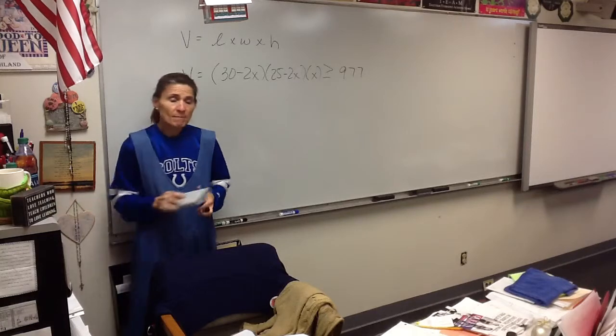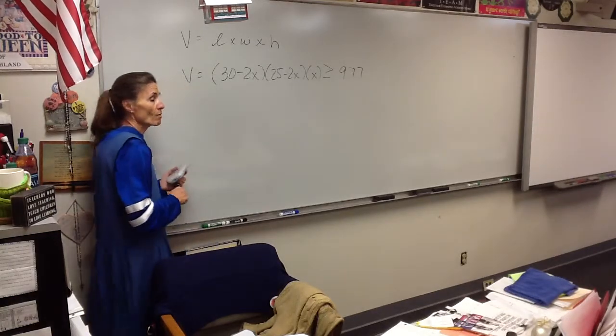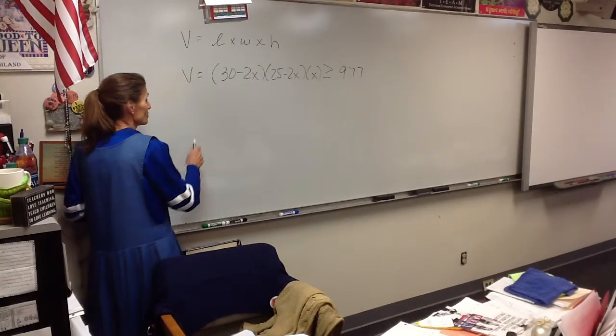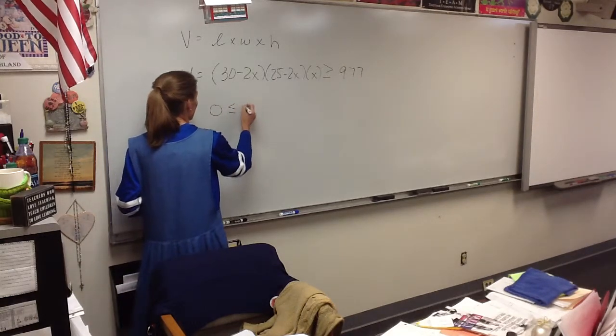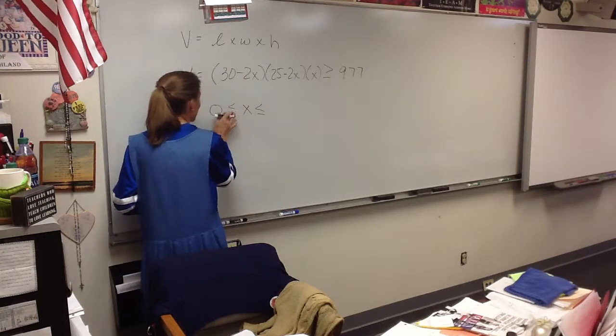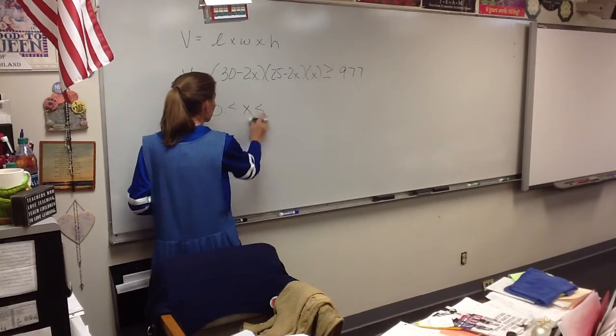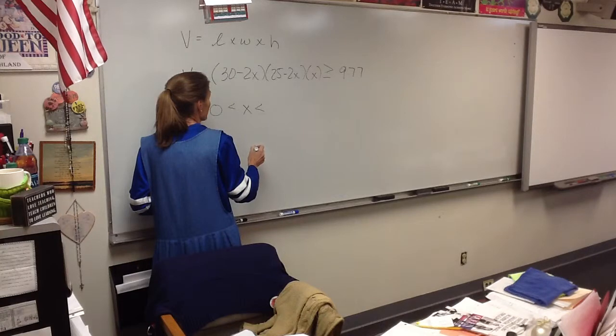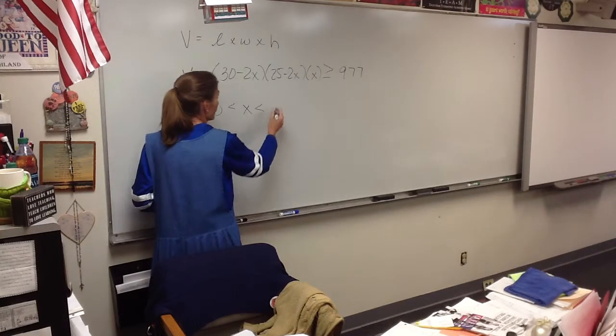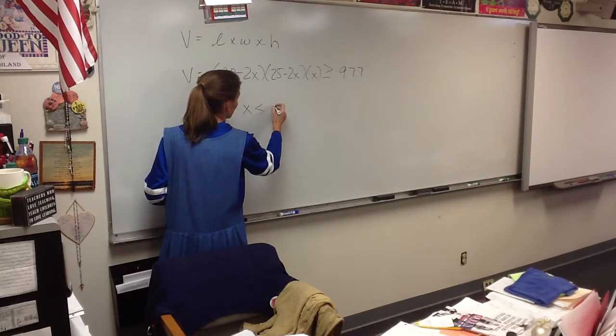Now, what's our domain? What are our x's? Remember, we talked about this before. X is going to be between what and what? So what is it? 977?